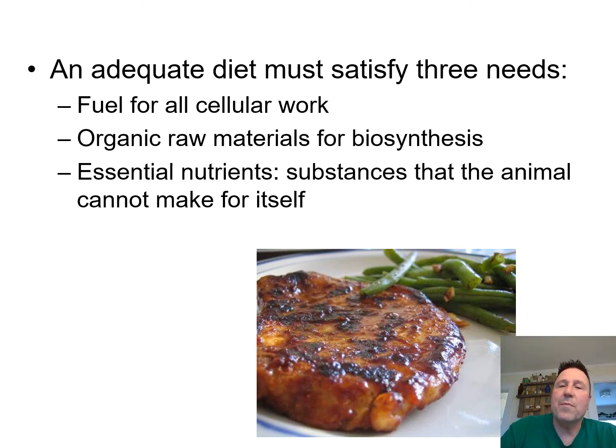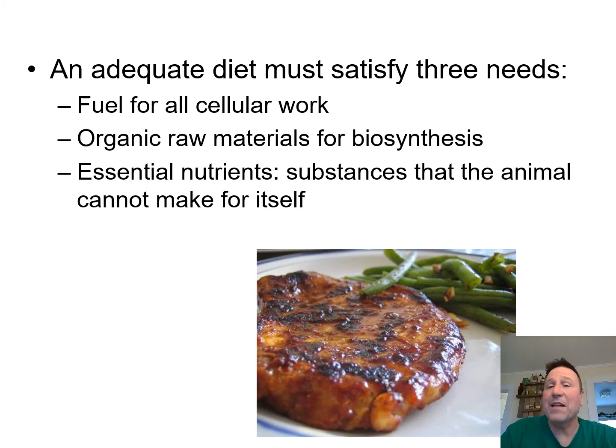We also need these raw materials to grow, to make a baby, to repair ourselves, to make antibodies. All these things need raw materials, so they need to come in. If we take in too many raw materials, we'll store that as fat. And too little, we'll start breaking down our own normal tissues in order to survive.